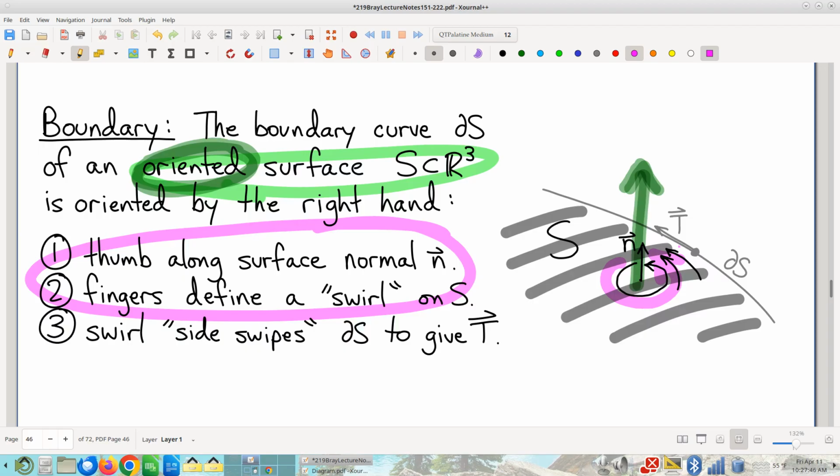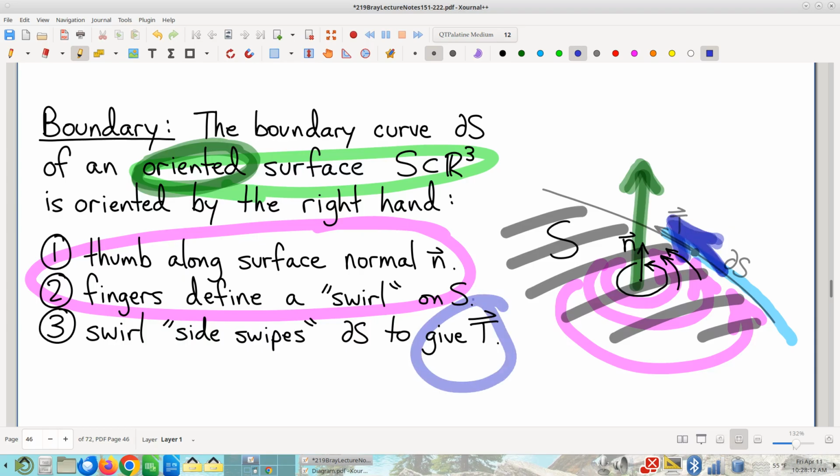And once you have the swirl, then it's just a matter of keeping track of how that side swipes up against this boundary curve, here's that boundary curve again, and as it brushes up against the boundary curve as it swirls around, that's going to point in a well-defined direction around the boundary.